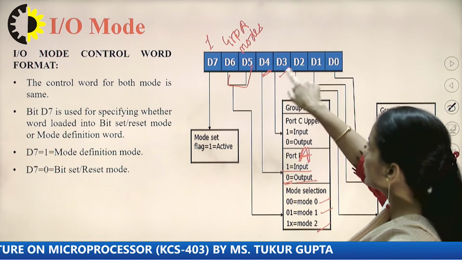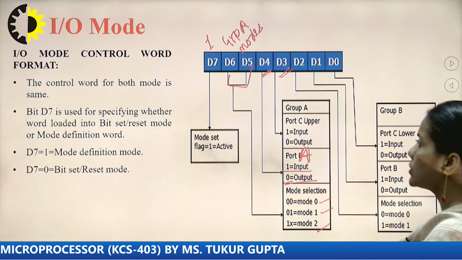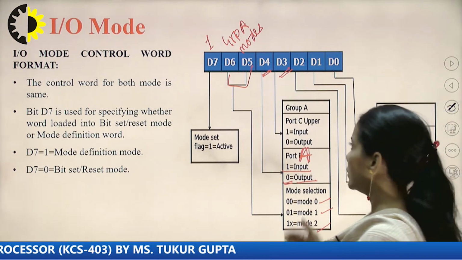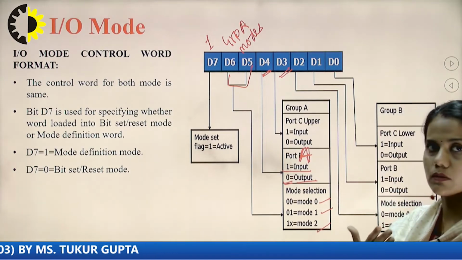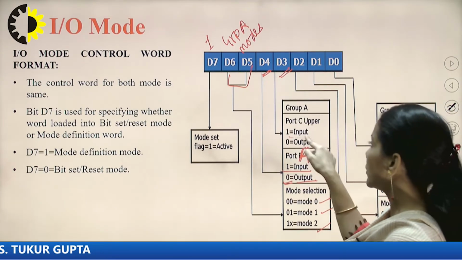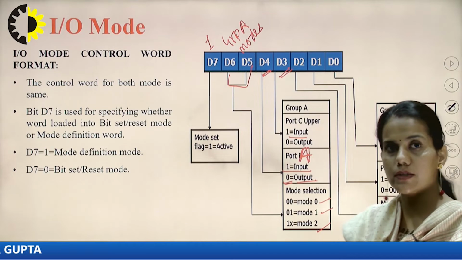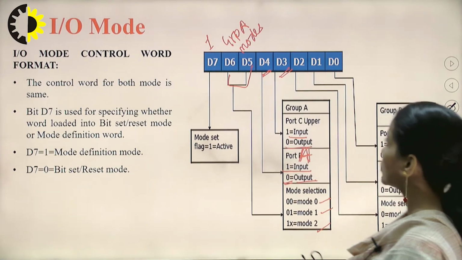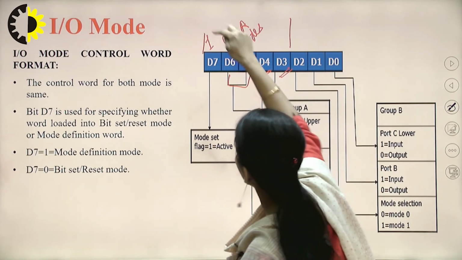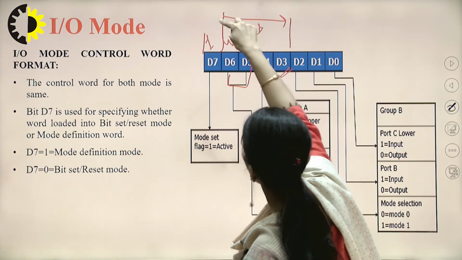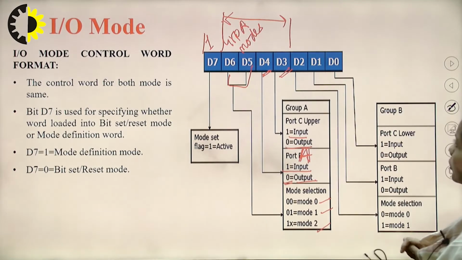Now the D3 bit defines the status of port C upper part, the upper nibble. If port C upper nibble has to be configured as input, it should be 1. If it has to be configured as output, then it should be 0. Now this completes group A, so till here it gives the group A configuration.